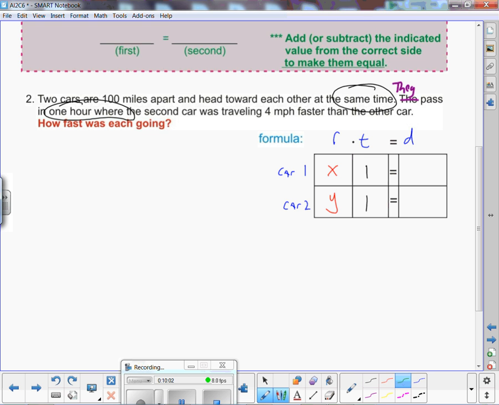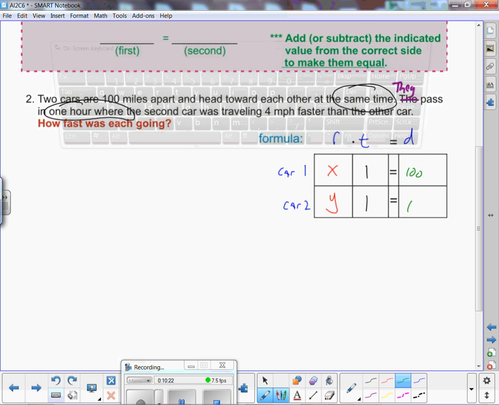All right. Why do I have the equal signs here? I have the equal signs there because the rate times the time equals the distance. Now, students mistakenly want to stick 100 here and 100 there, and that's wrong. You don't want to do that because the cars are 100 miles apart.